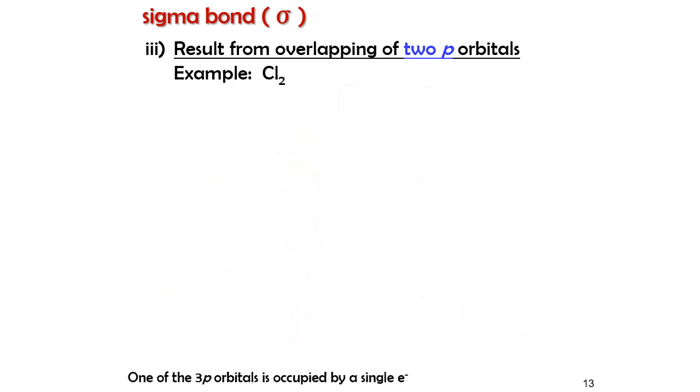Right. So next, let's see the example for Cl2. Cl2 is almost similar to fluorine. You will form a sigma bond, but for chlorine, the electronic configuration will be 1s2, 2s2, 2p6, 3s2, and 3p5.